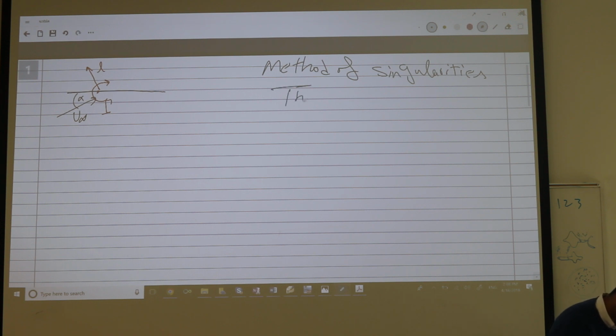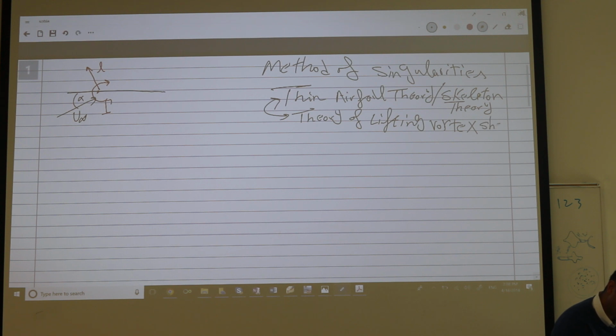So we'll talk about the thin airfoil theory, skeleton theory from Germans, which is the theory, these are the same thing, lifting vortex sheet. So you have a sheet of vorticity that is providing you all the lift.